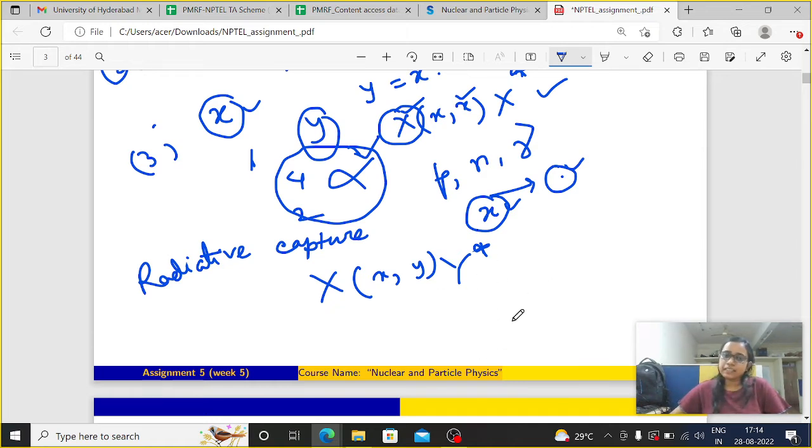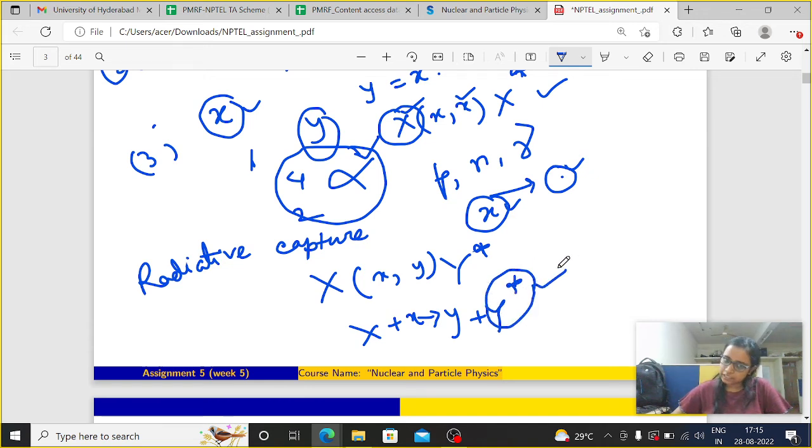Y star means, as I already told you, it's in a high excited state. It is not in a ground state. So it may be possible that x plus x will come as y plus y star. Now if y star is in an excited state, it may decay to another particle like gamma, or let's say z. So this type of thing may happen in radiative capture.